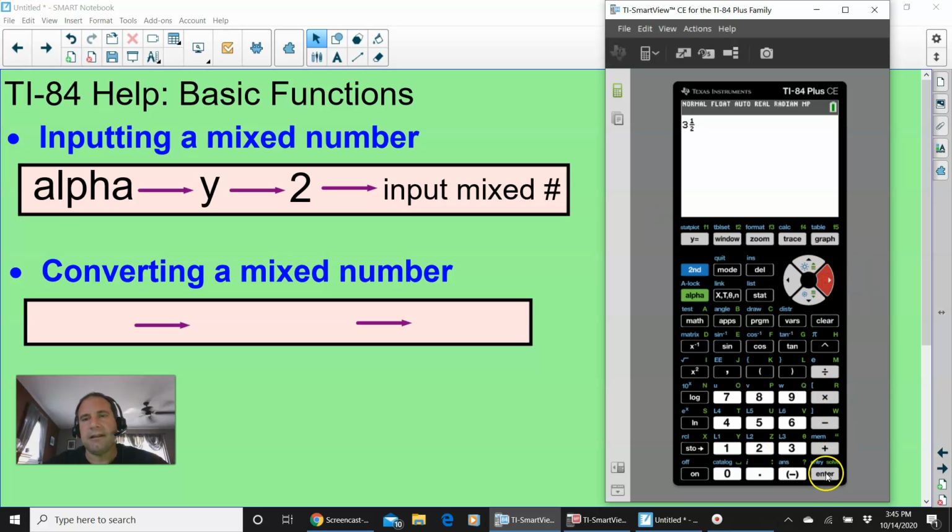All right. And then you could multiply it by 5. Let's say 35 over 2.